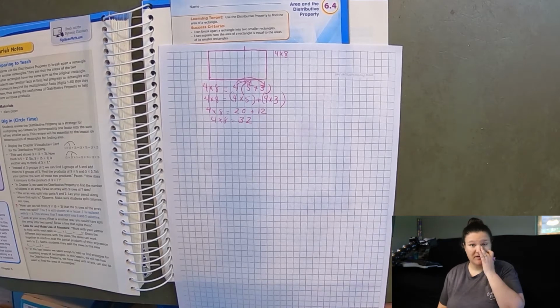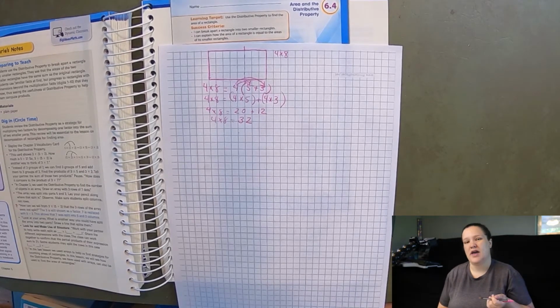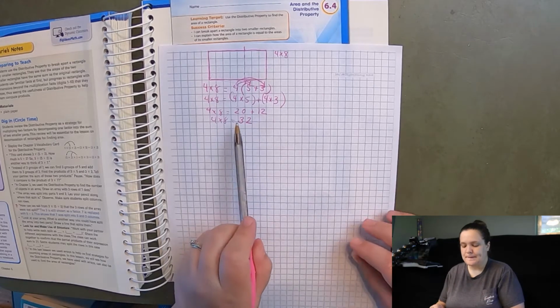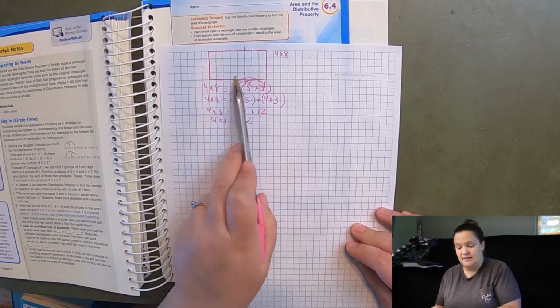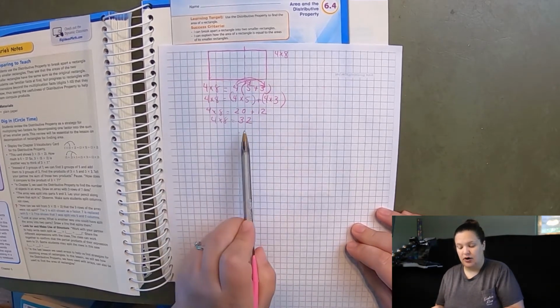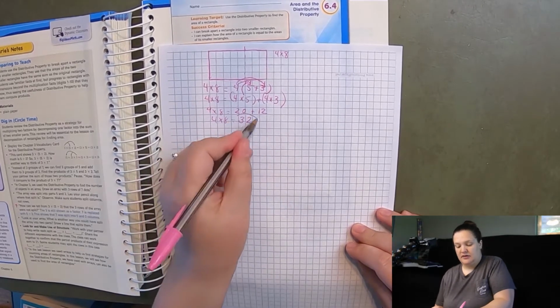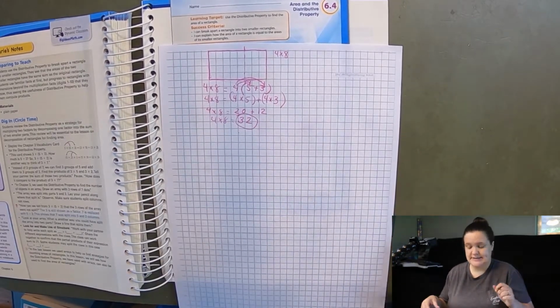Okay, so this is a little bit more of a roundabout way of finding the area of a rectangle, but it will make more sense in the next lesson, so just bear with me. All right, so in this rectangle, our area is 32 square units.